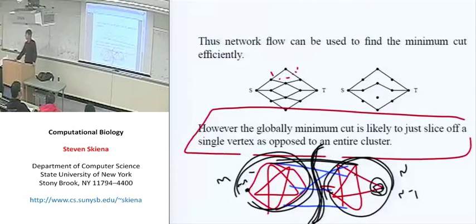Yes? When you say one vertex, you mean the source or the target? Well, okay, what I really mean is, when I talk about clustering, the right way to think about this is that network flow goes from one place to another. That means it determines the minimum cut separating this vertex and that other vertex.